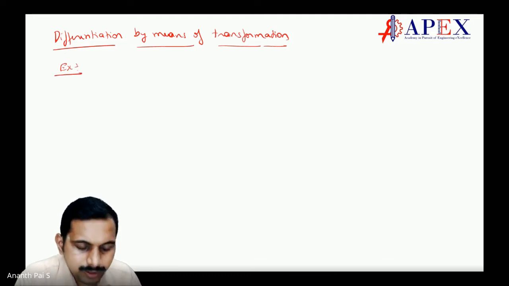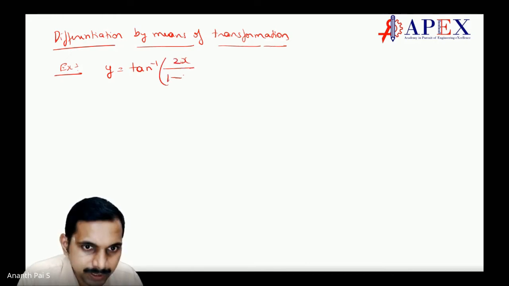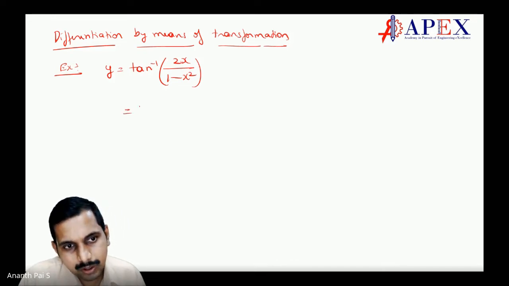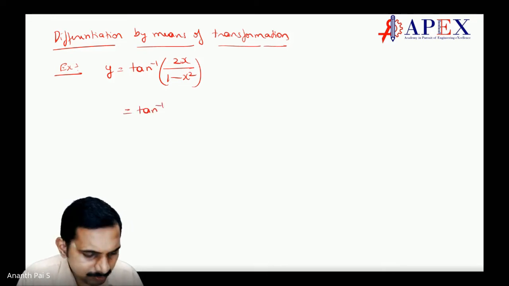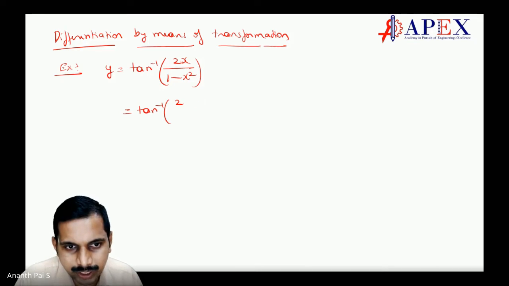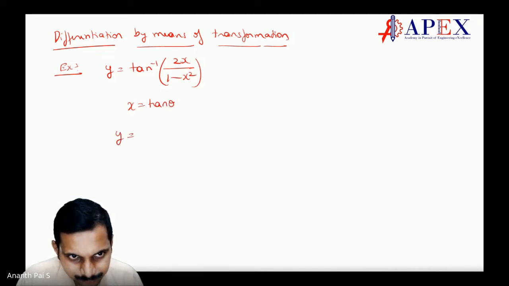okay, if you have y is equal to tan inverse of 2x divided by 1 minus x square. You know this can be written as tan inverse of 2 tan theta divided by 1 minus tan square theta, if I put x is equal to tan theta. This is how transformation you have to do.